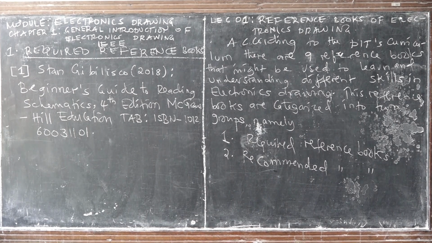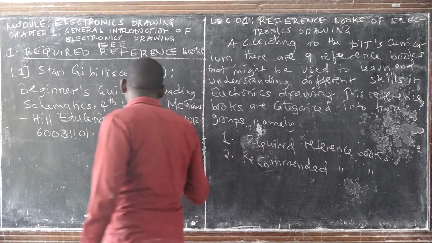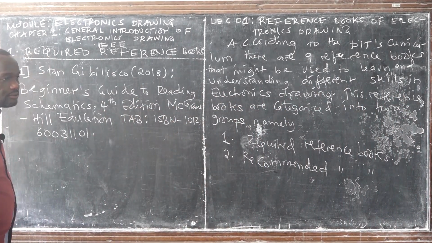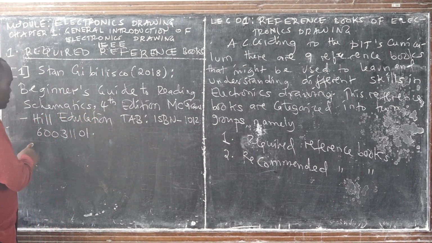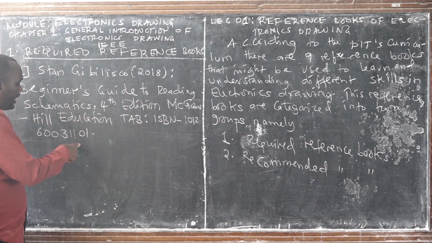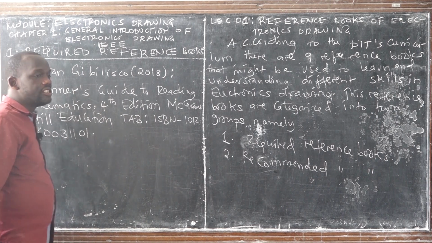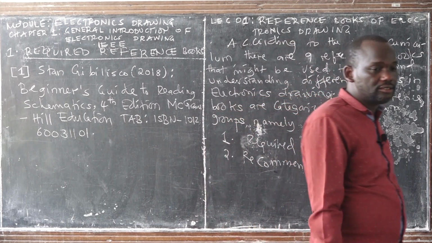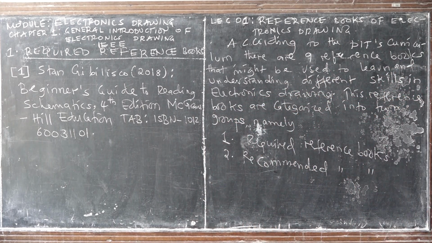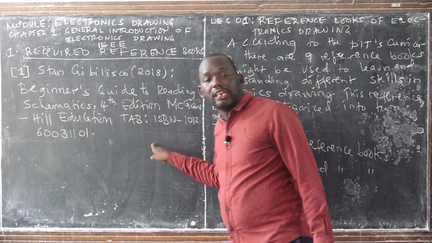Then we have the ISBN. Say ISBN. So ISBN 1001260031101. This is the unique identification of that book worldwide. Every formal, published book worldwide should have an ISBN.